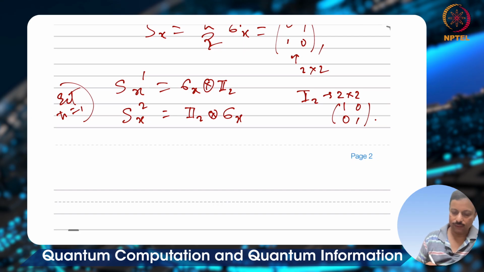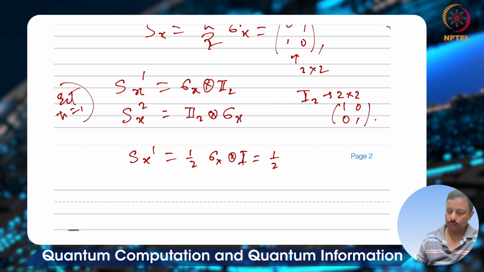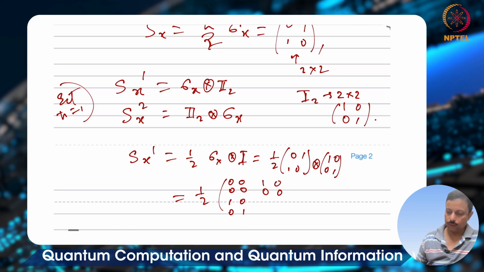So Sx1 is 1 by 2 sigma x tensor identity, and this is 1 by 2 of 0, 1, 1, 0 tensor 1, 0, 0, 1, and that's basically, in our notation, the 4 by 4 matrix 0, 0, 1, 0; 0, 0, 0, 1; 1, 0, 0, 0; 0, 1, 0, 0.